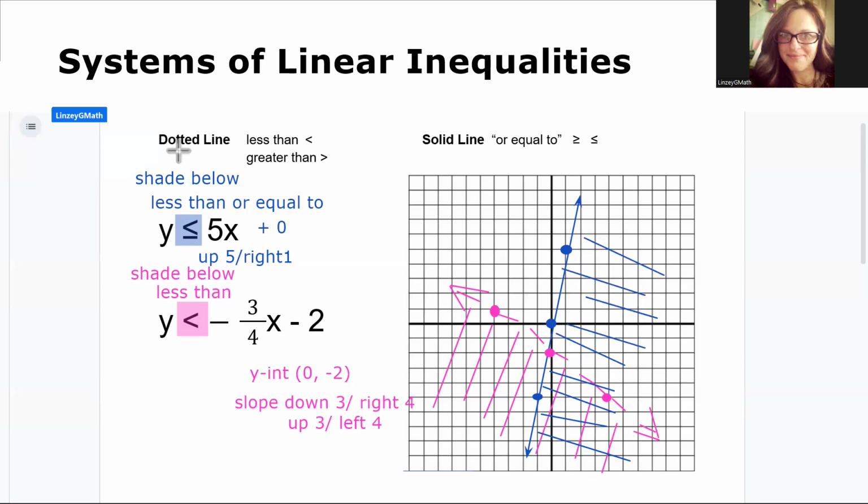And we have our overlapping area. I'll make this purple. And the overlapping shaded area is the solution area. Any point in this overlapping shaded area is a solution to the system.